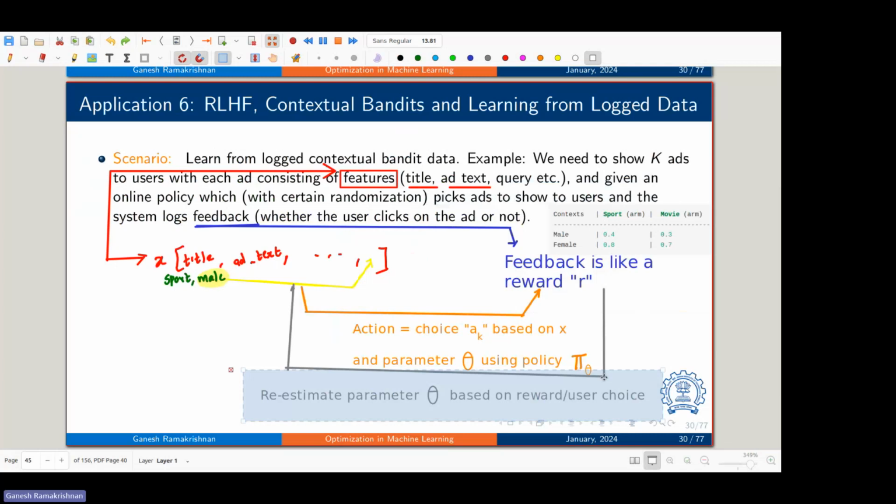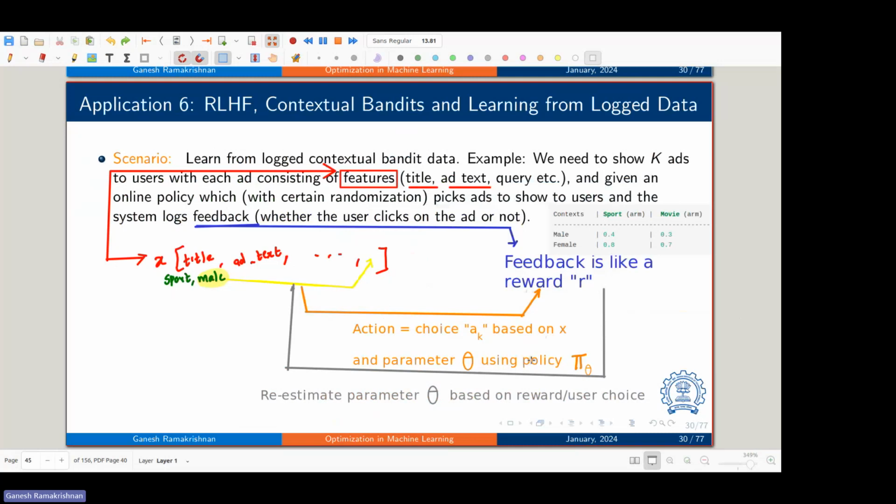Now let me explain the overall context. Here you have X, to which there's an action taken by the agent. The action is a choice based on X, the input, and parameter theta, using some policy phi theta. Our whole goal is to learn phi theta using data.